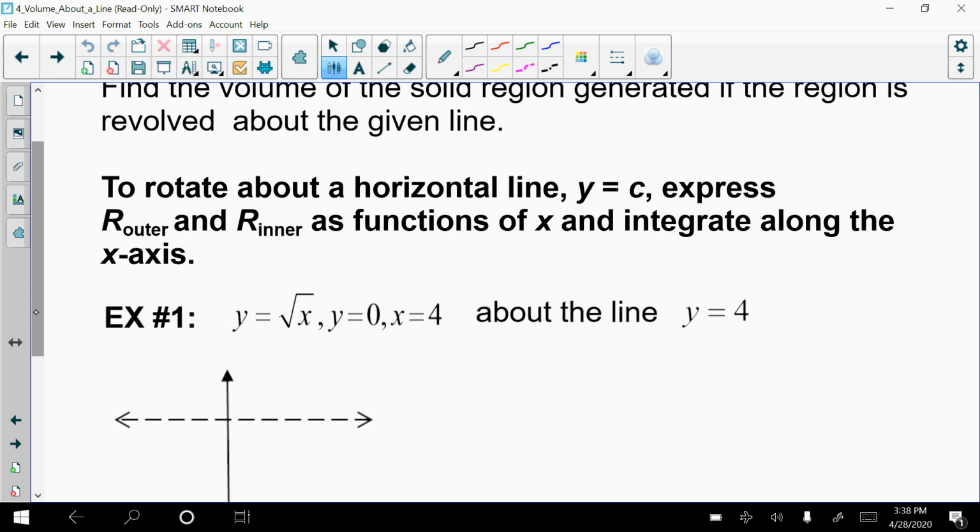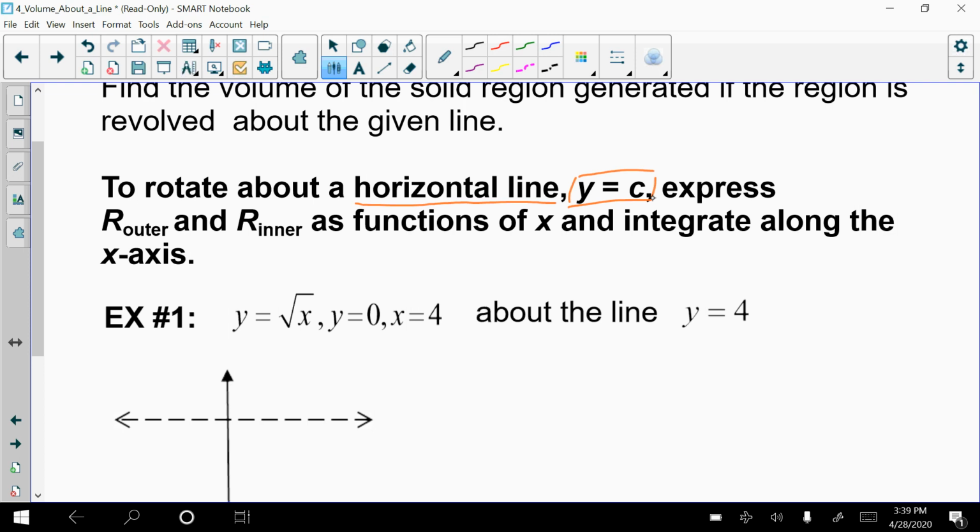If you notice, it's telling you specifically that it's going to rotate around a horizontal line, and this can be any horizontal line, positive or negative. It's just some horizontal line on the graph somewhere.